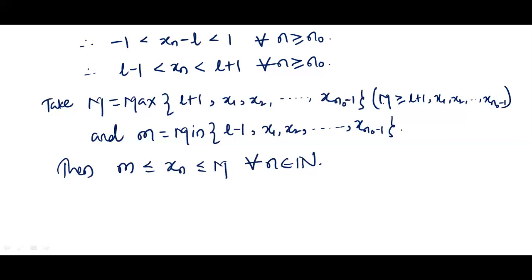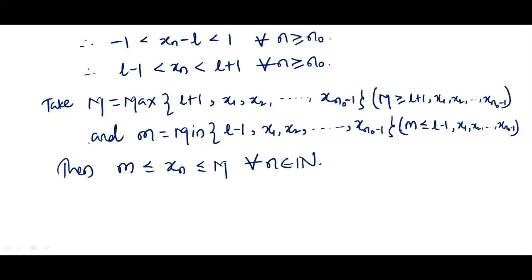For n greater equal n naught, xn will be strictly less than L plus 1, and for n less than n naught, xn will be less equal M. Similarly, small m, we are taking minimum of L minus 1, x1, x2 up to x n naught minus 1, means small m is less equal L minus 1, x1, x2 up to x n naught minus 1.